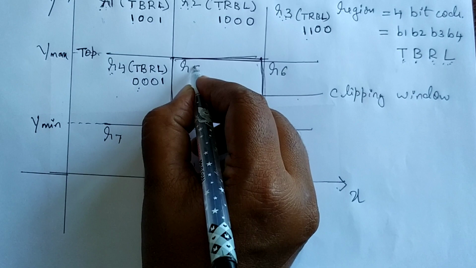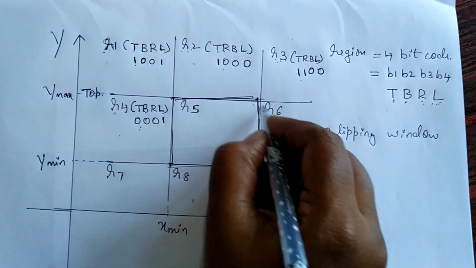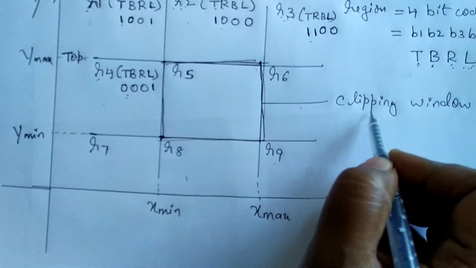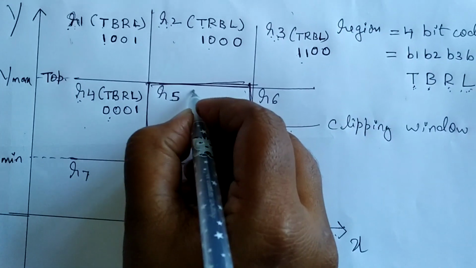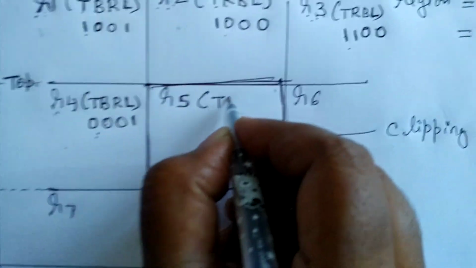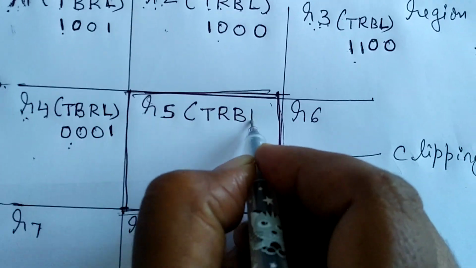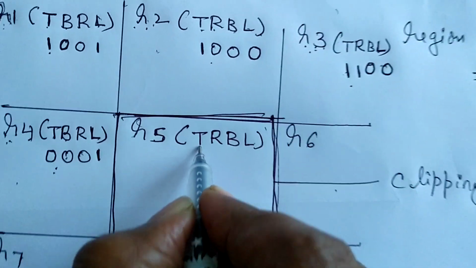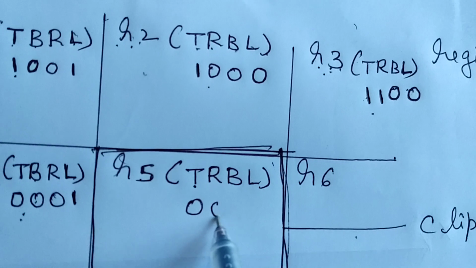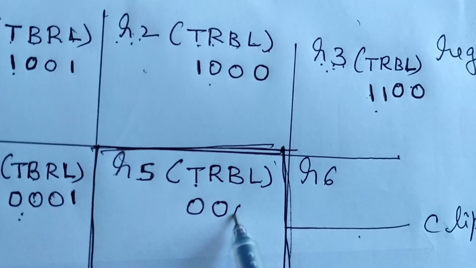Now we'll go for region 5. This is the center of the 9 regions, and as we already discussed, R5 is the clipping window. We'll assign a 4-bit code to this clipping window based on this pattern. Is it on the top of the window? No, 0. Right side? No, 0. Bottom? No, 0.